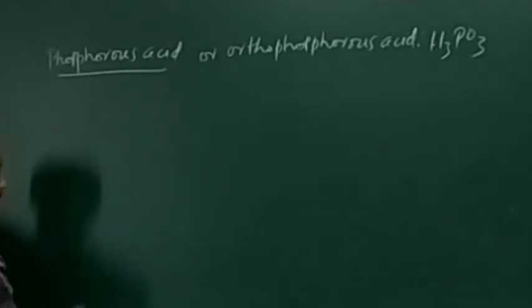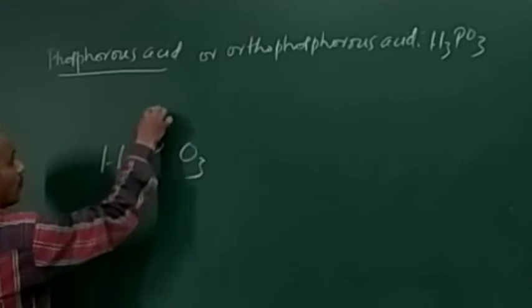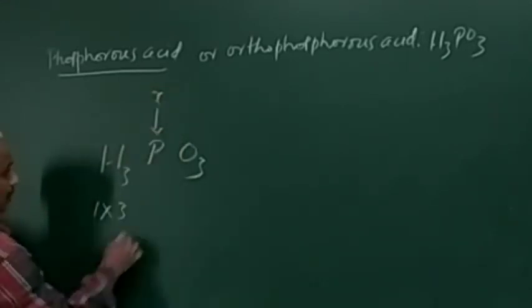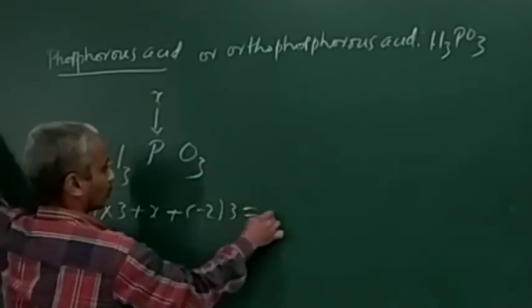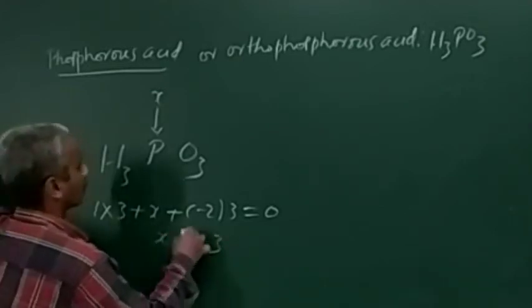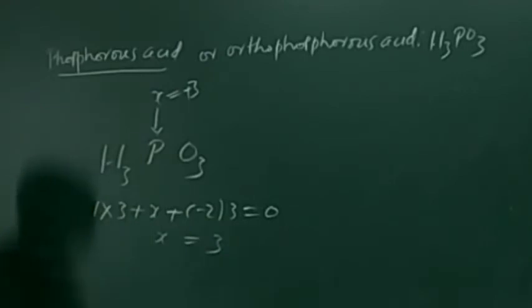We see the oxidation state. For H3PO3, this is X. So 1 into 3 plus X plus minus 2 into 3 equals 0. So X equals 3 we get. It means the oxidation state is plus 3. Note this.